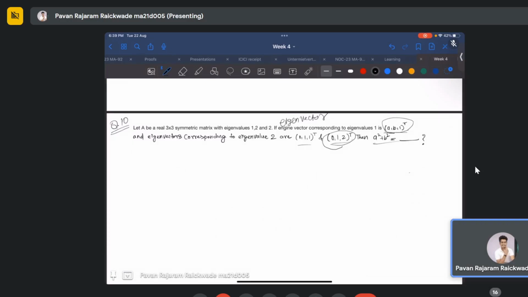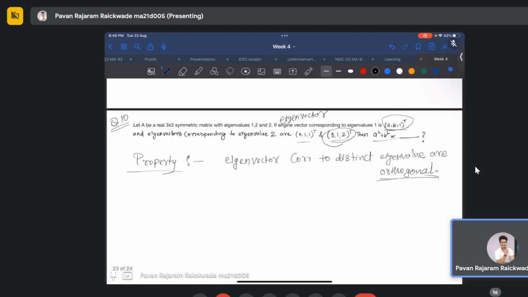Okay, so the property that we'll use here is eigenvectors corresponding to distinct eigenvalues are orthogonal. This is very important property.